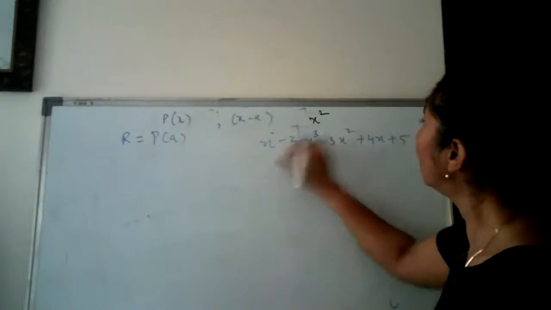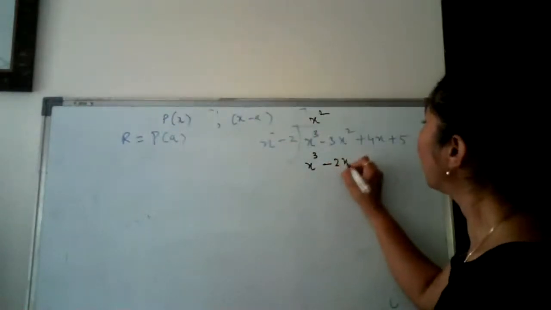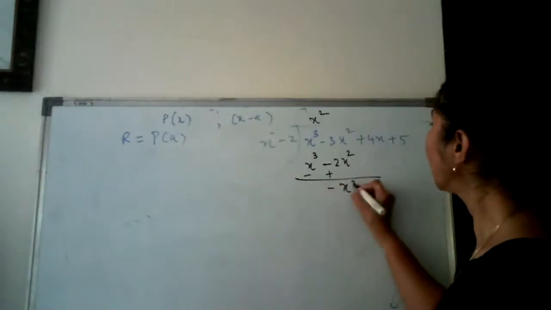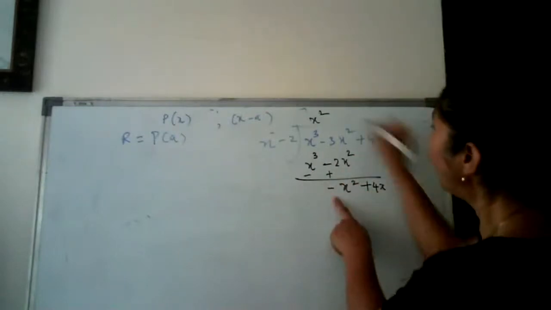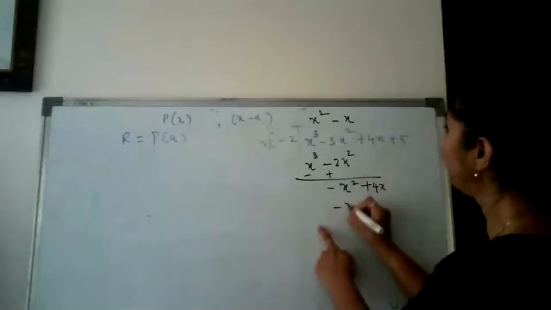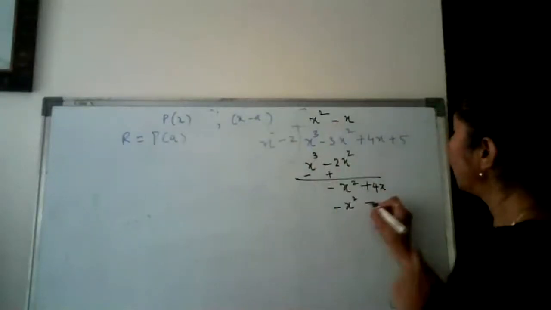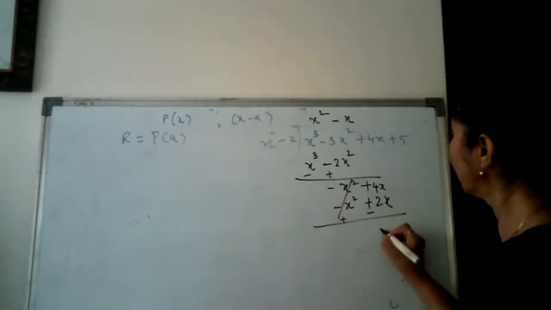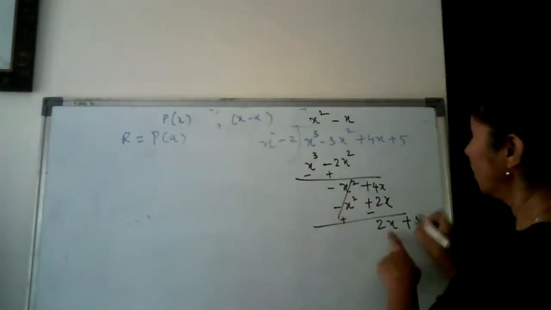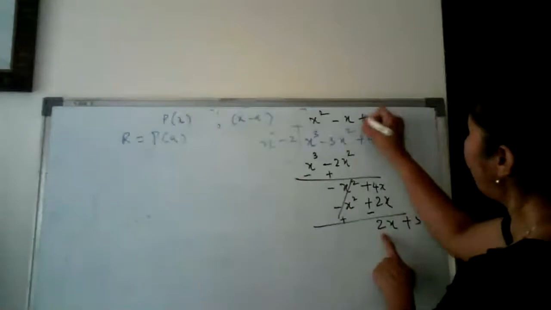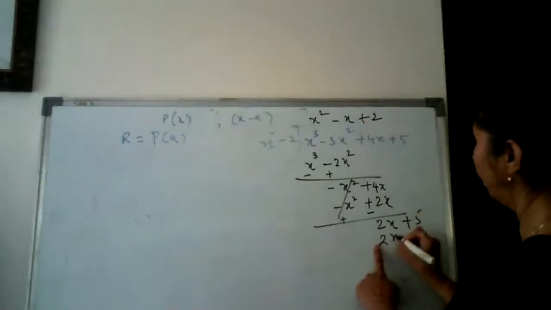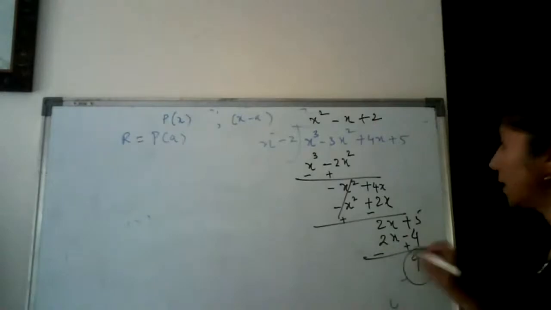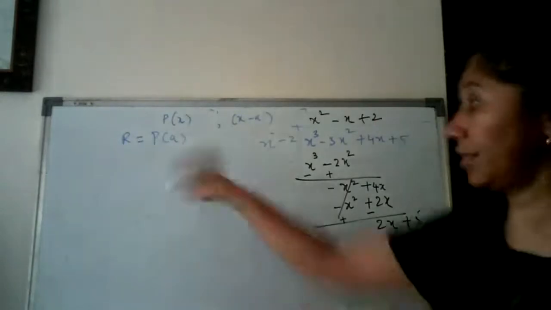So x cube minus 2x square minus plus minus x square plus 4x minus sign minus minus. So multiplying with plus 2. Remainder is 9.